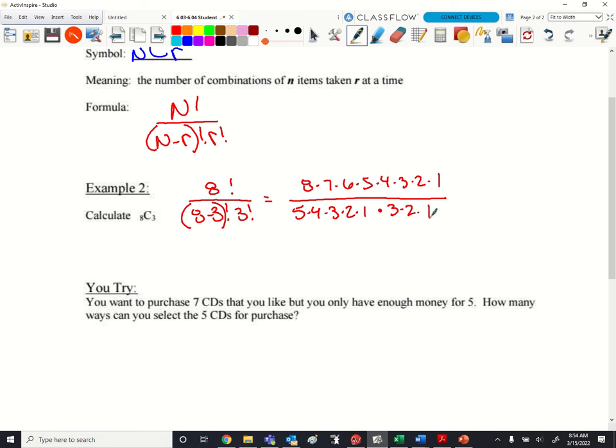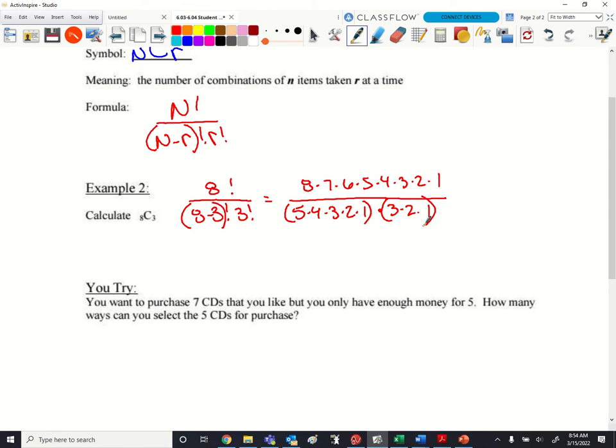And the exclamation mark, what did I say that is? Factorial. So factorial means 5 times 4 times 3 times 2 times 1. That's what factorial means. So because it's (8 minus 3) factorial, that's why it starts off with this piece right here. Then my 3 factorial is that.